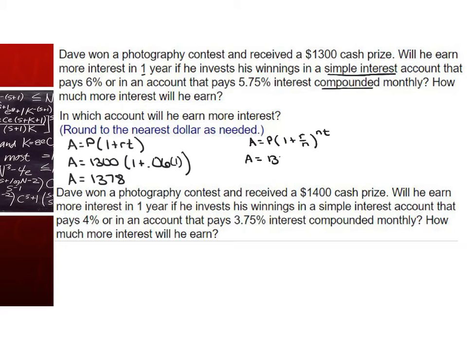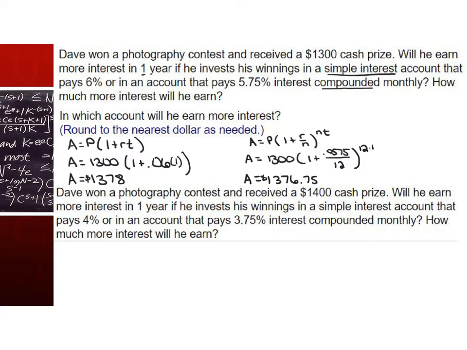Again, we start with $1,300, and R is 0.0575, compounded monthly, so to the 12 times 1 power for 1 year, and we get that A equals $1,376.75.